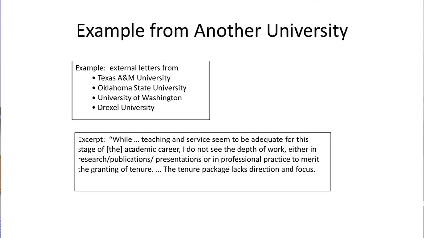Now here's another one. These were letters from Texas A&M, Oklahoma State, University of Washington, Drexel. While teaching and service seem to be adequate for this stage of the academic career, I do not see the depth of work, either in research, publication, presentations, or in professional practice, to merit the granting of tenure. The tenure package lacks direction and focus.